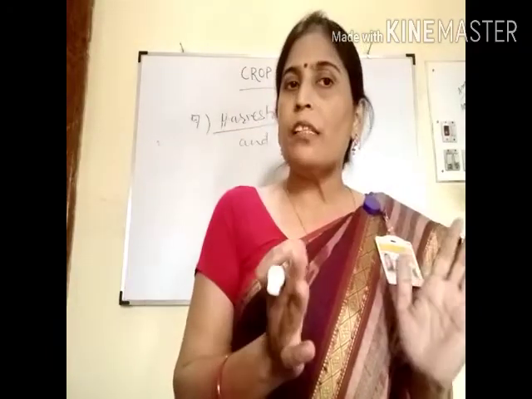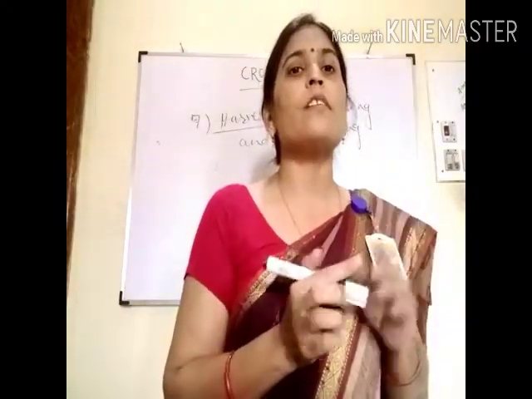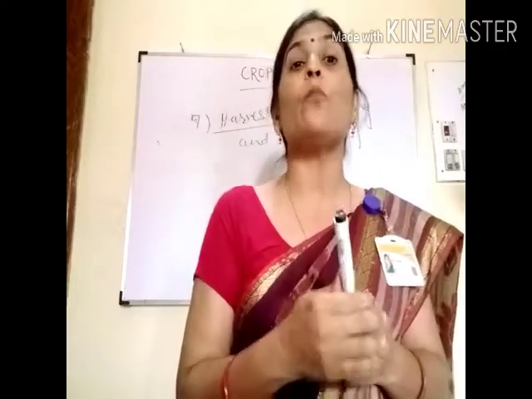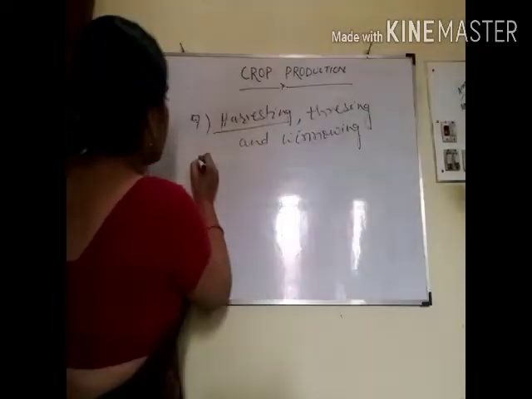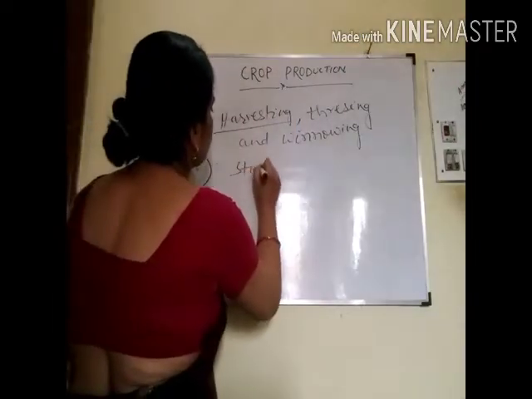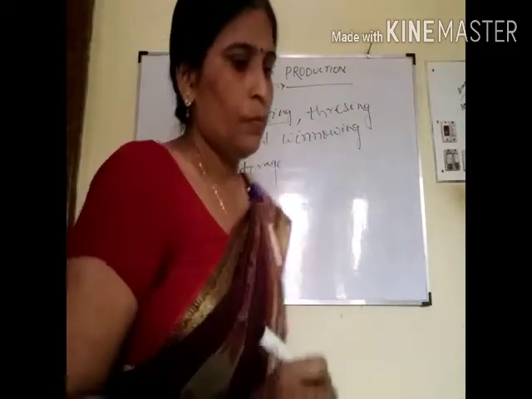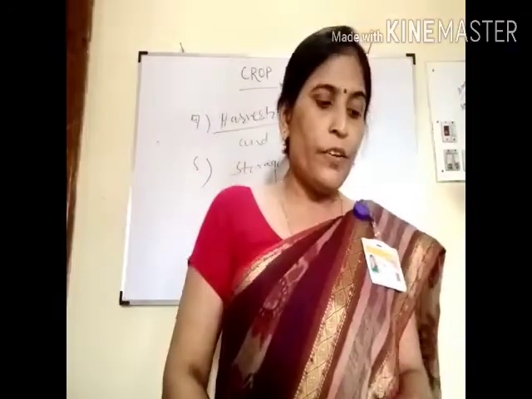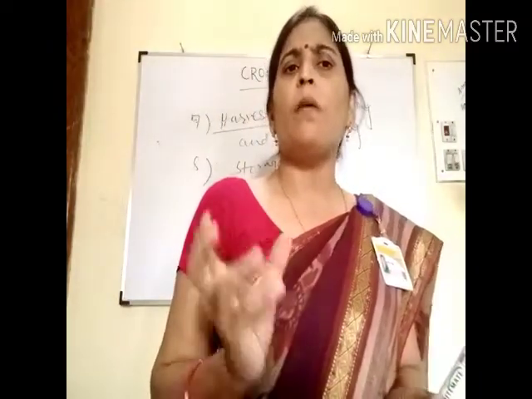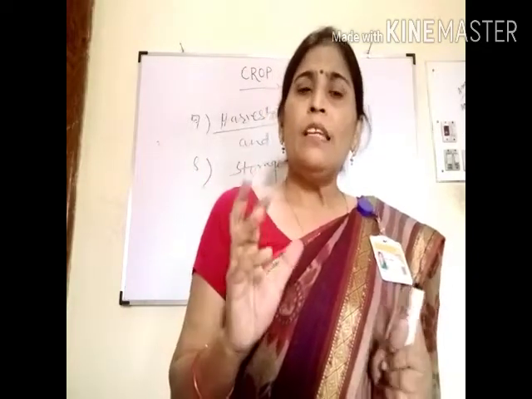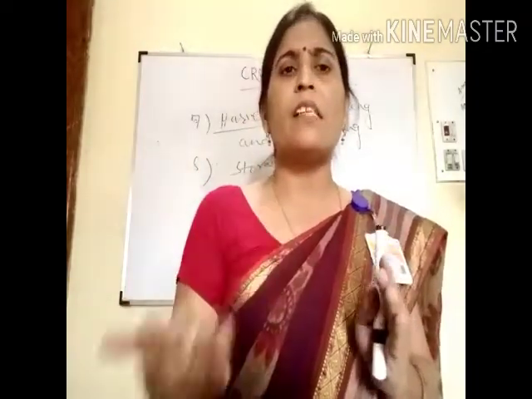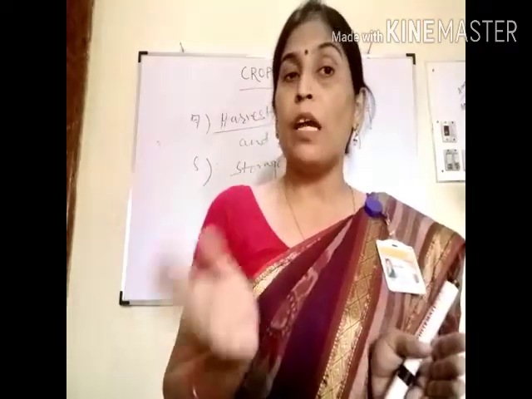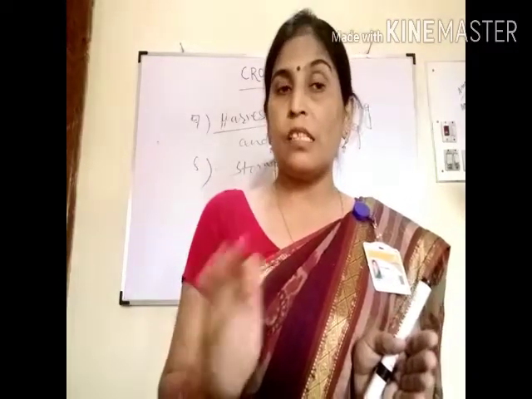Now everything is completed. Next and the last process is storage. Once the grains are produced, they have to be stored properly. So the last step is storage. Whatever grains are harvested normally contain some amount of moisture, and if we pack them in sacks or in silos or granaries, they might get infected by microbes and be destroyed.